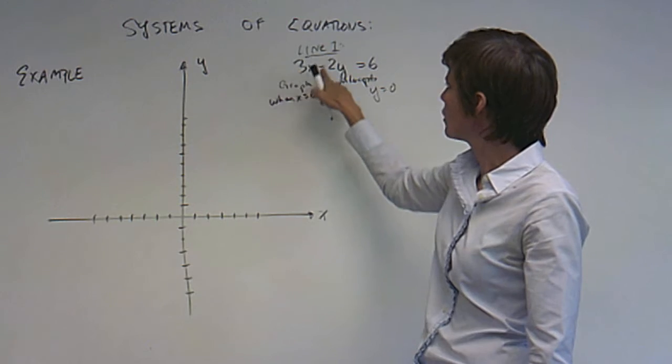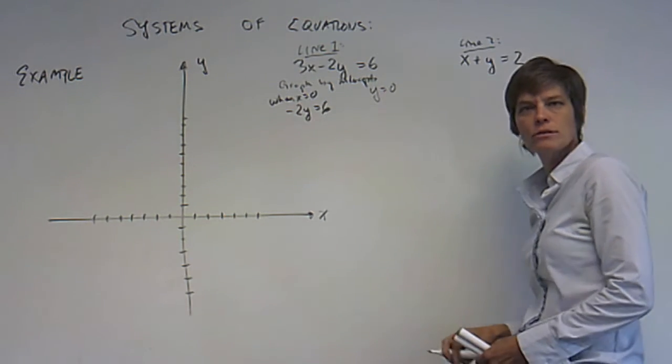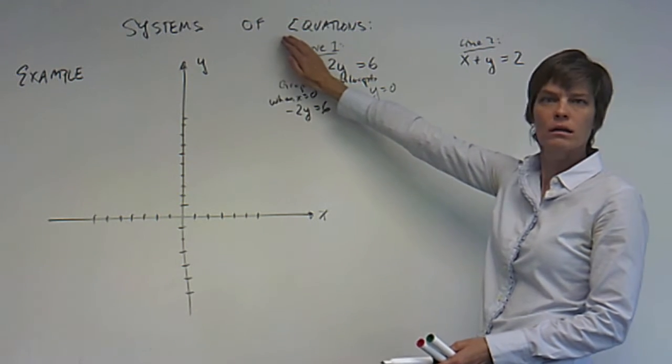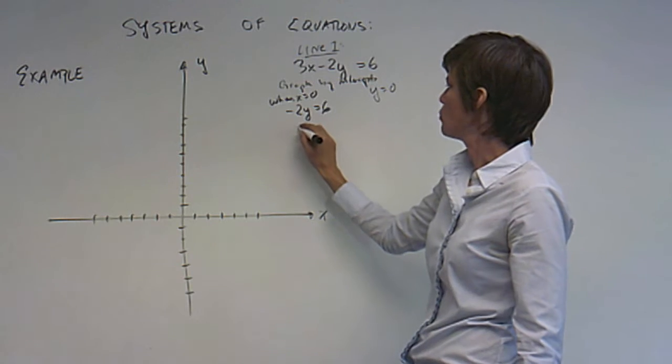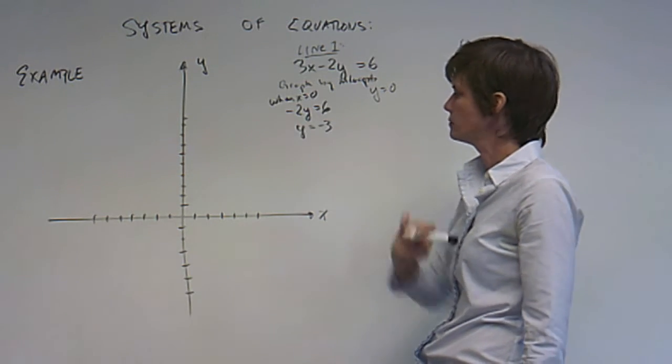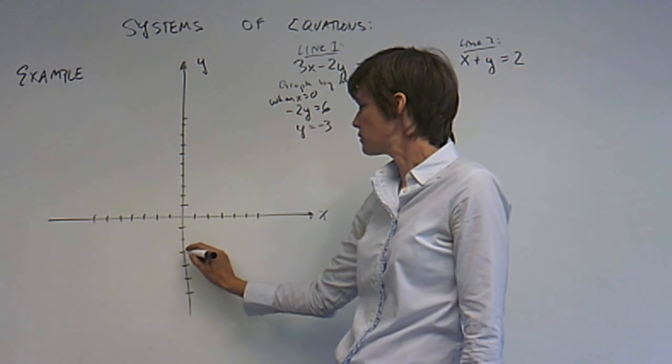So when x is 0, what you're left with is negative 2y equals 6. You see what I did there? This is just gone. So we're left with this, in which case y equals negative 3. So that's our intercept here, 0, 1, 2, 3.